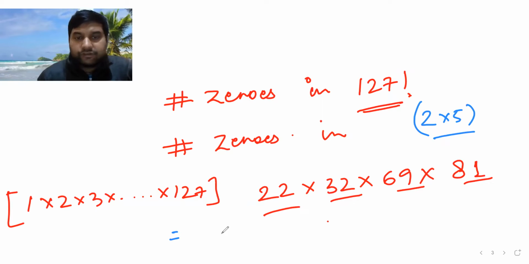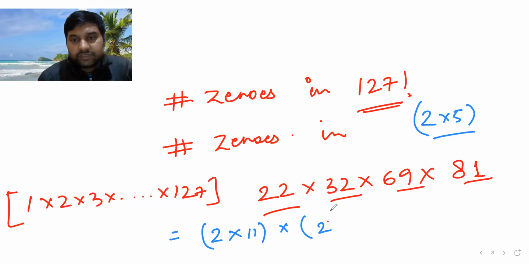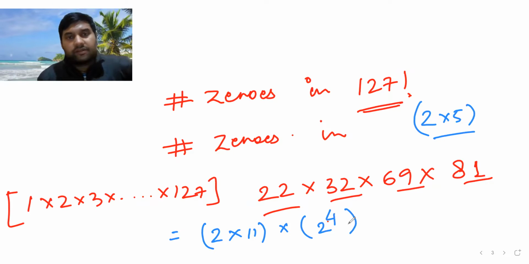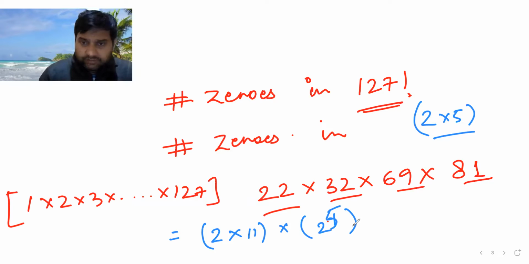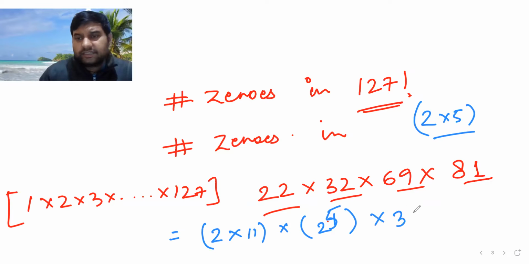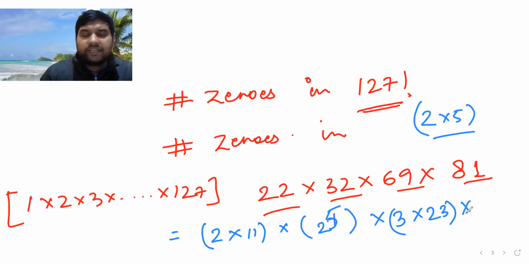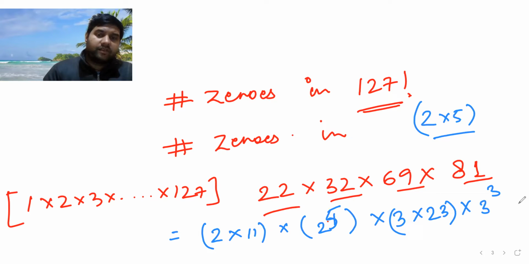In here 22, when we break it down, is 2 into 11. 32 is 2 raised to the power 5. 69 is 3 into 23. And 81 is 3 raised to the power 4.